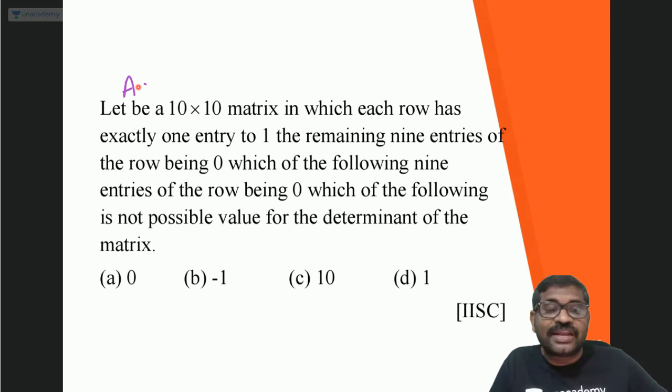The remaining 9 entries of the row being 0. Then which of the following is not a possible value of determinant?